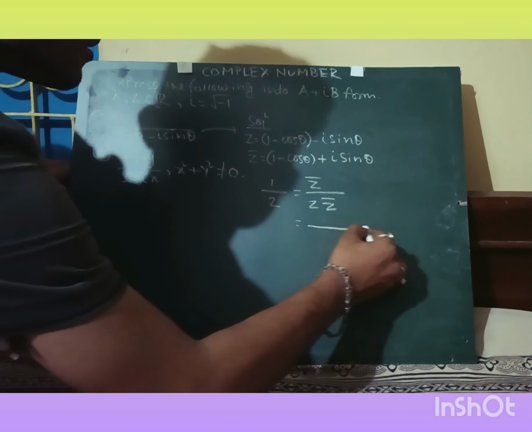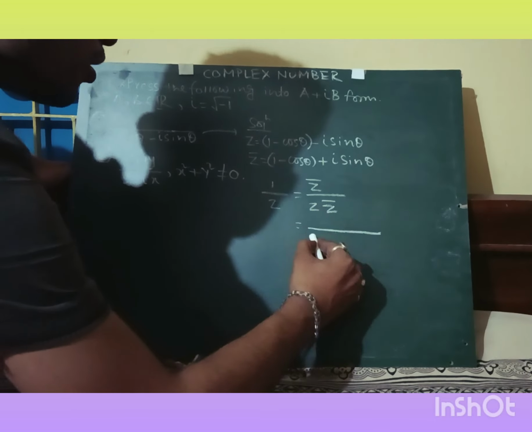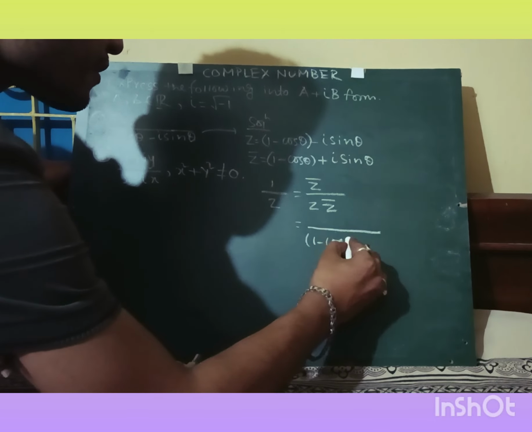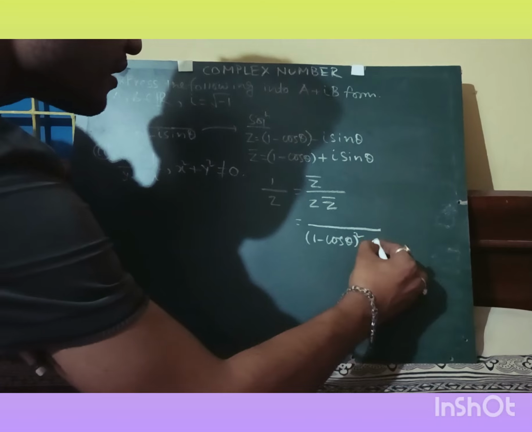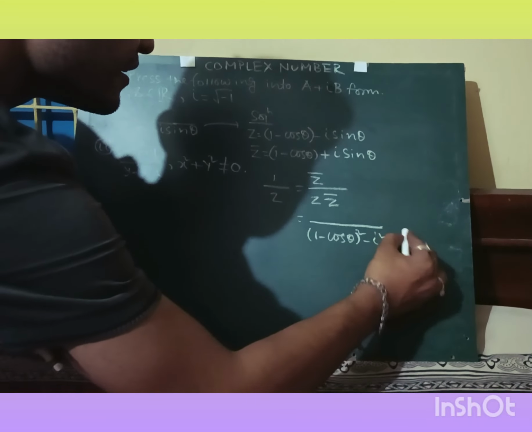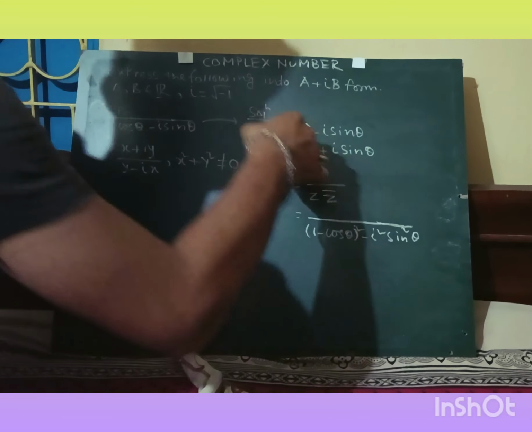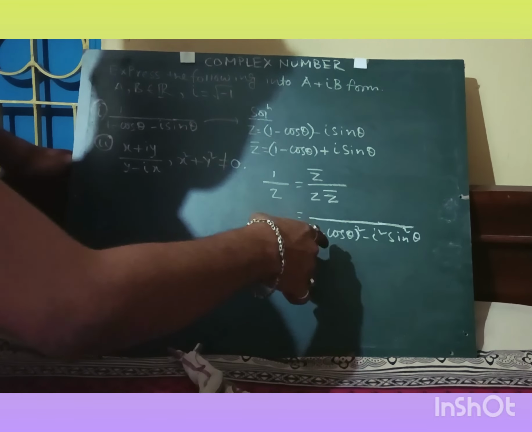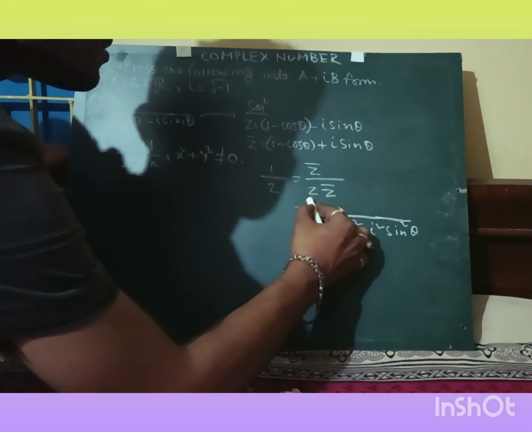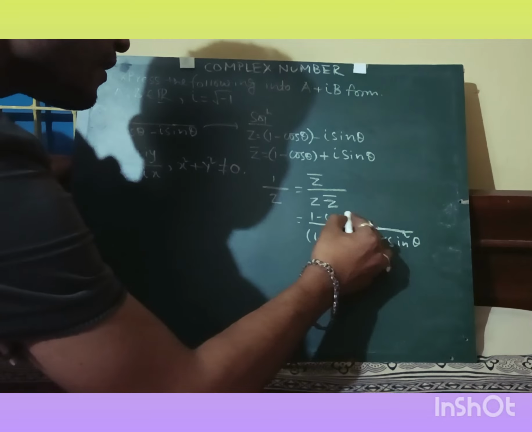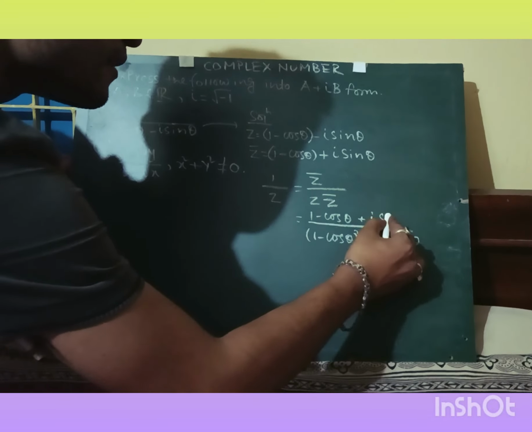Now the denominator is (1 minus cos theta) squared minus i squared sin squared theta, because (A plus B)(A minus B) means A squared minus B squared, and z bar means 1 minus cos theta plus i sin theta.